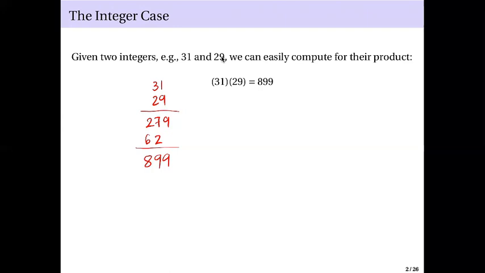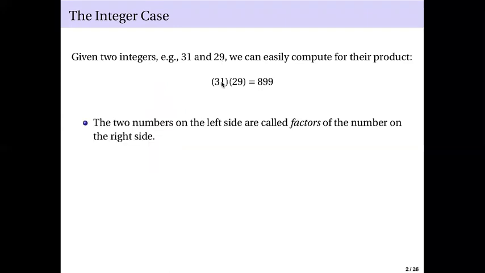But what if, in here, these two numbers, 31 and 29, we call these factors. Okay? So this is the left factor, this is the right factor, and I think I've been using these terms. Now, suppose we reverse the problem.